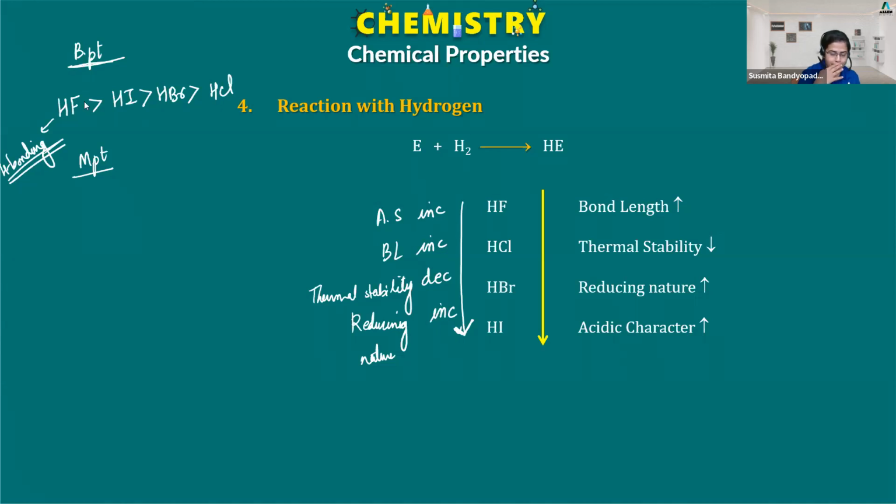But in the case of melting point, it was experimentally observed that it's HI, then HF, then HBr and HCl. It doesn't regularly increase or decrease, and we cannot do anything about that other than checking whether it's correct or not.